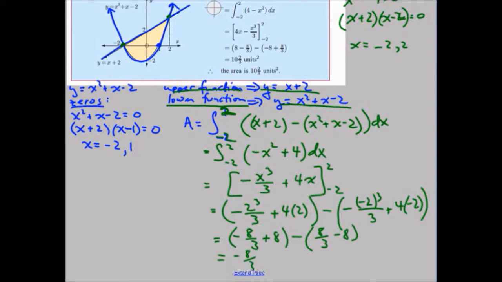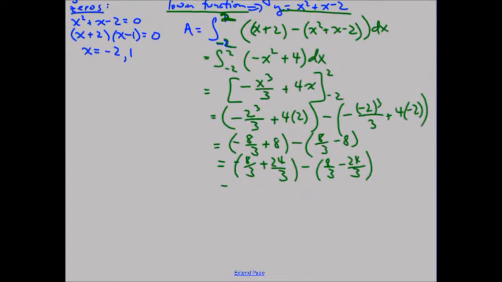Negative 8 over 3 plus 24 over 3. Subtract 8 over 3, subtract 24 over 3. And keep going. We've got 16 over 3, subtract negative 16 over 3, so 32 over 3, or 10 and 2/3.